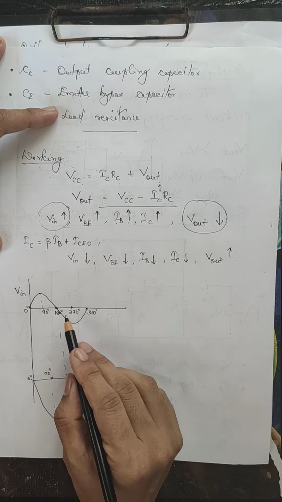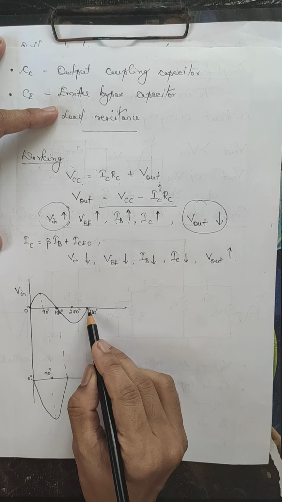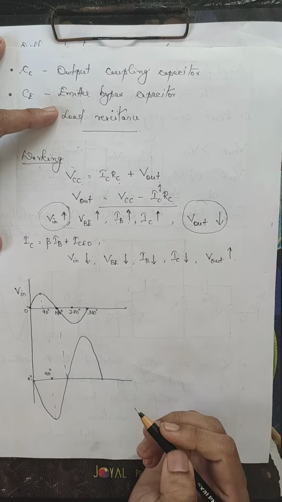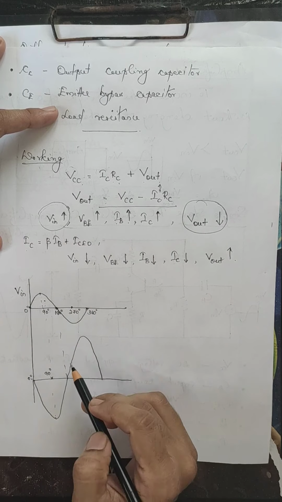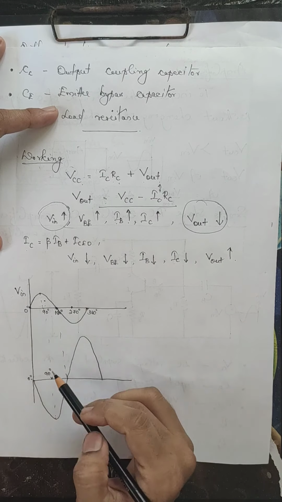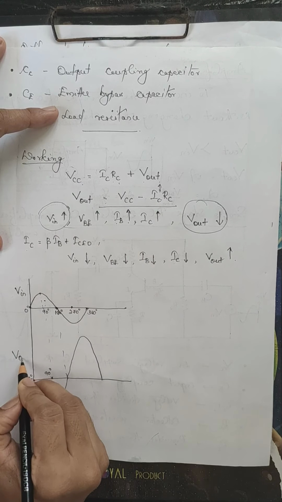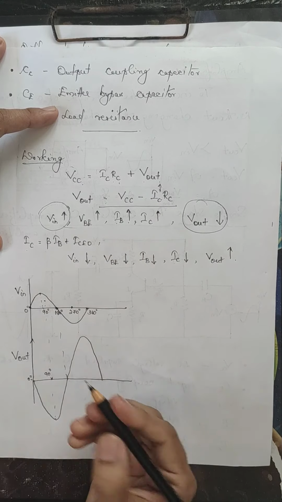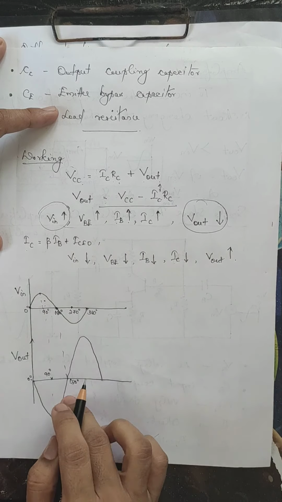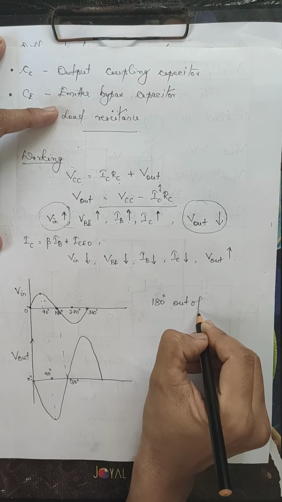And similarly, when input voltage becomes negative, the output voltage becomes positive. The voltage magnitude gets increased, but there is a phase shift between input voltage and output voltage. So this is the output voltage. So we can say that the input voltage and output voltage are 180 degree out of phase.